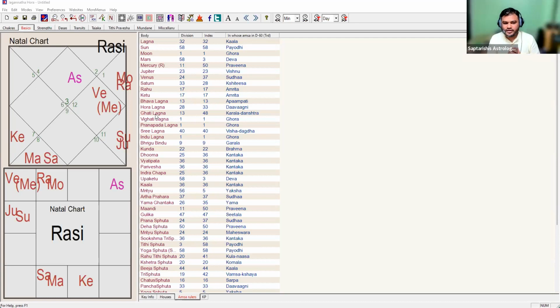That Saturn may be friendly with the Lagna. Saturn for the Gemini Lagna, Aquarius sign is falling in the 9th house. It means Saturn is benefic for this Lagna. Correct? This may be benefic, but the same Saturn is with Mars.